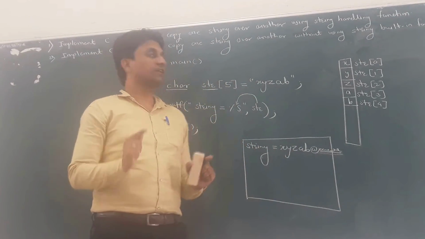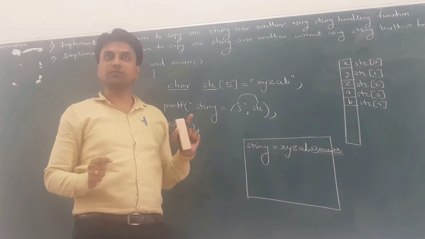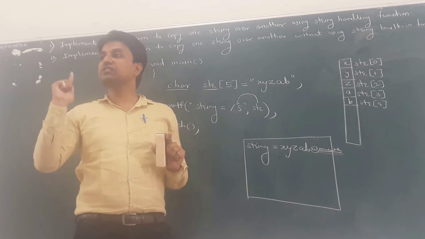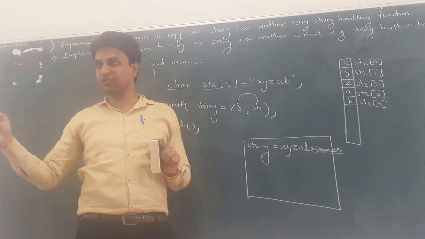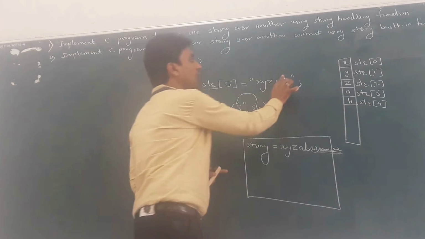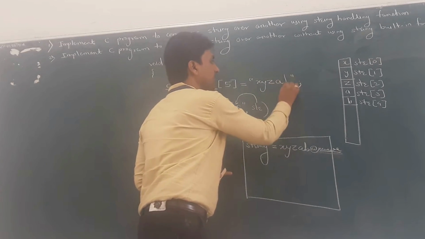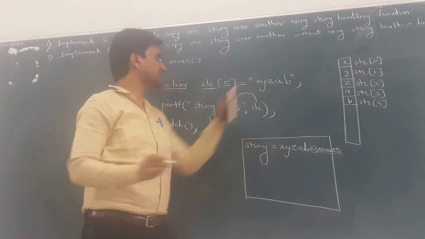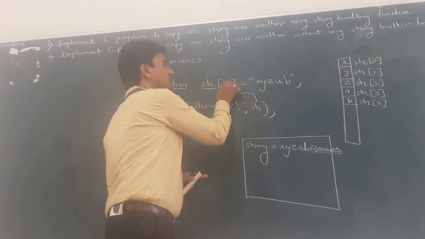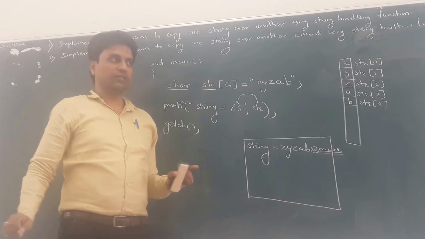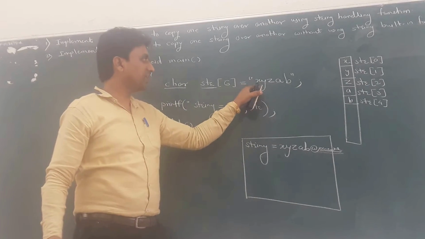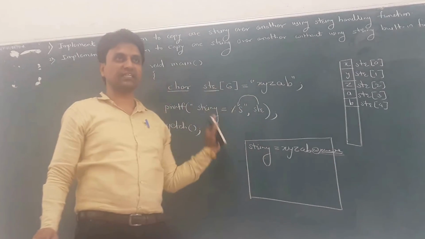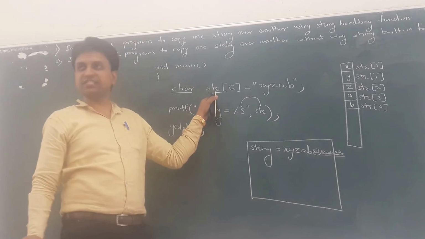So always when you specify the size of the string, one character is reserved for \0. If you stored only x, y, z, a, b in the same string, change the size of the string to 6. Now how many characters are actually initialized? X, Y, Z, A, B. That means 5 characters are initialized for the string str.